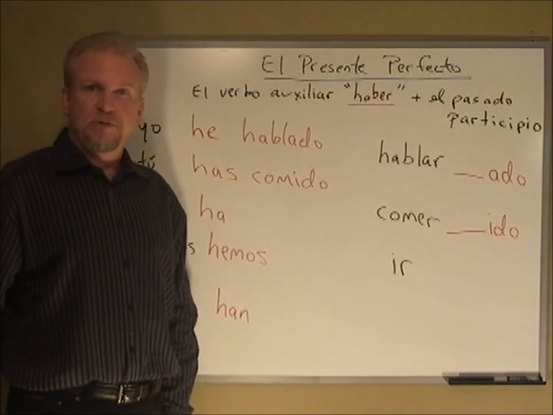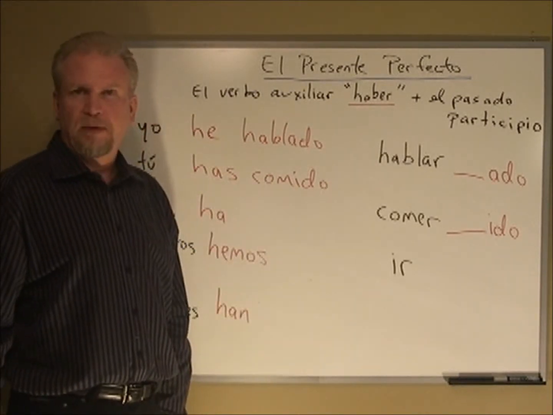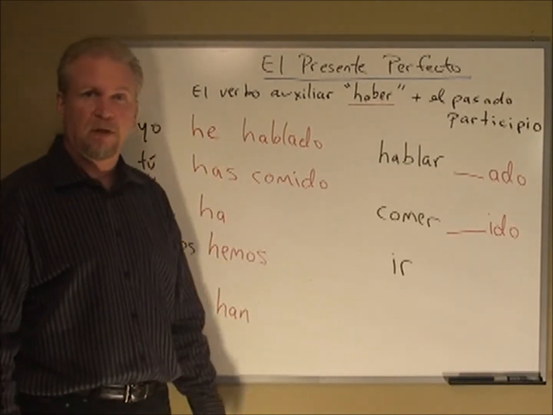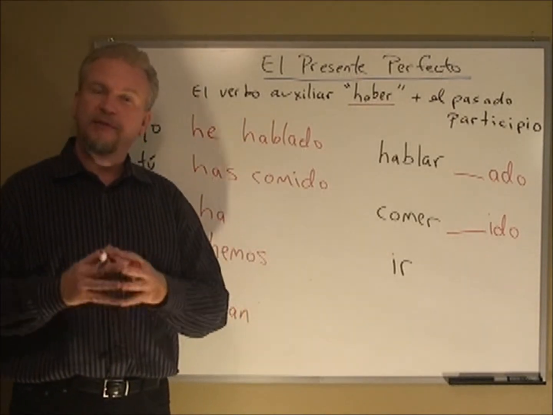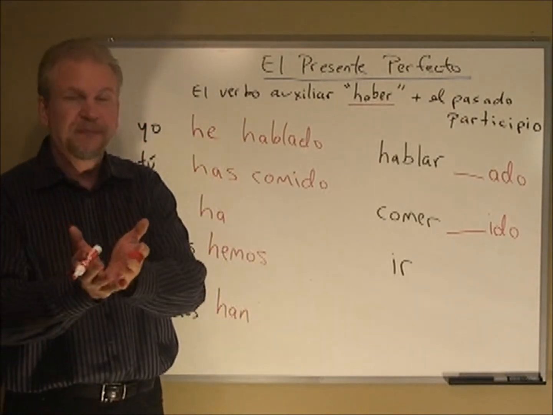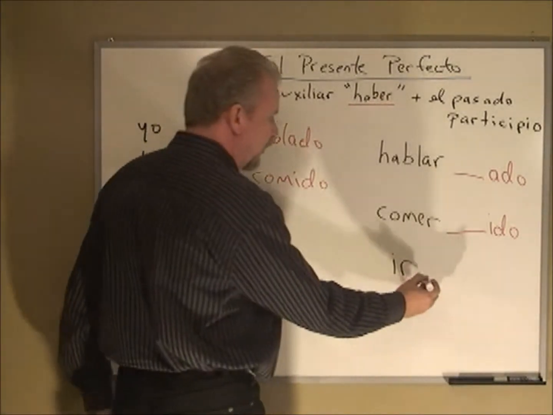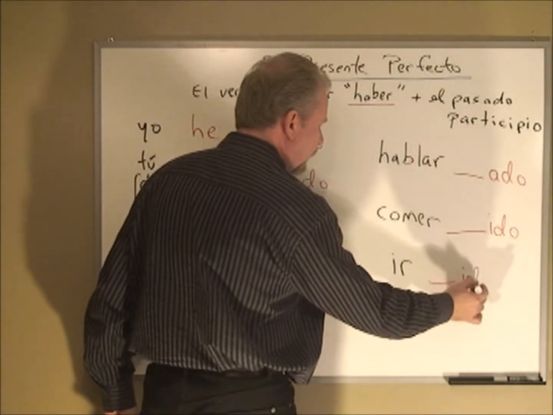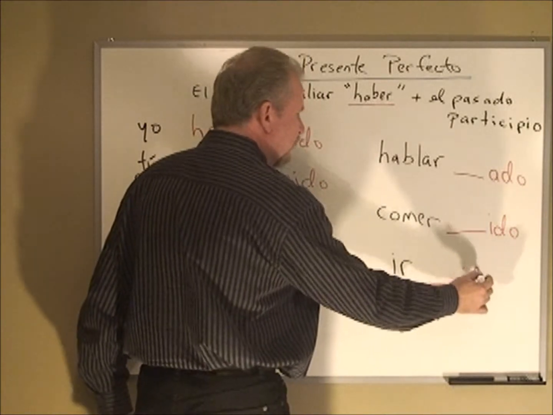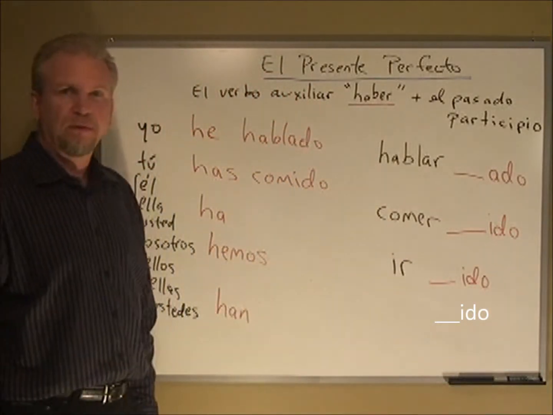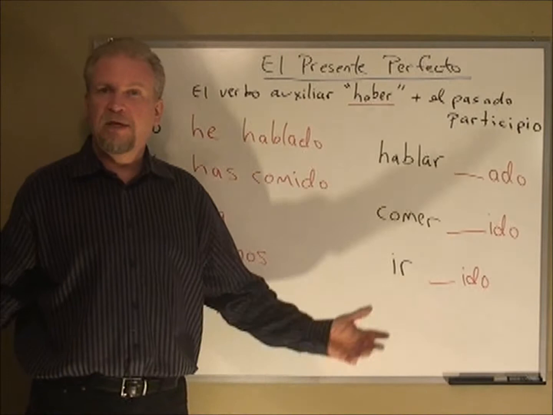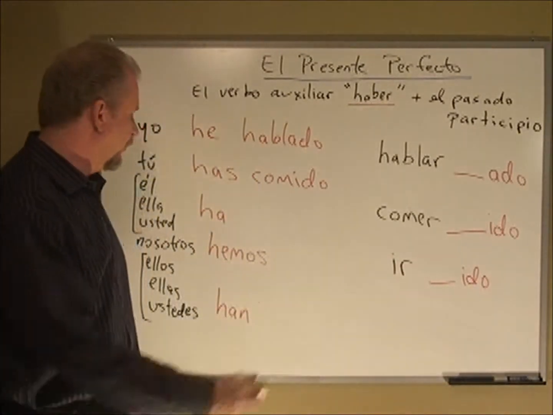Now the IR verbs, well that's always a tricky one to conjugate. Well, not this time. In this tense, it is regular, if you believe it or not. All the IR verbs are also conjugated as the ER verbs with the ending ido.